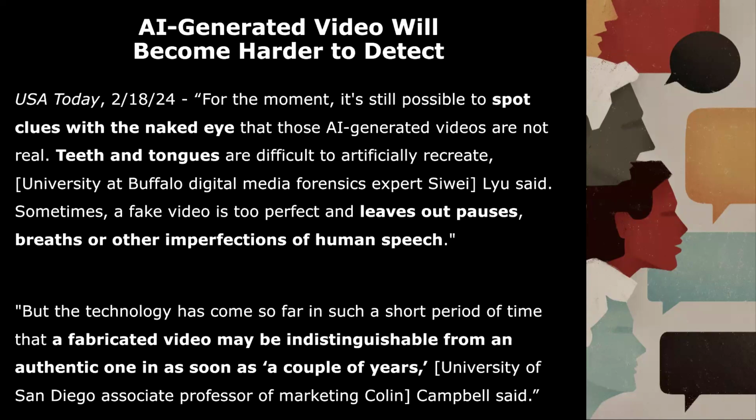"Sometimes a fake video is too perfect and leaves out pauses, breaths, or other imperfections of human speech. But the technology has come so far in such a short period of time that a fabricated video may be indistinguishable from an authentic one in as soon as a couple of years," University of San Diego Associate Professor of Marketing Colin Campbell said, end quote.